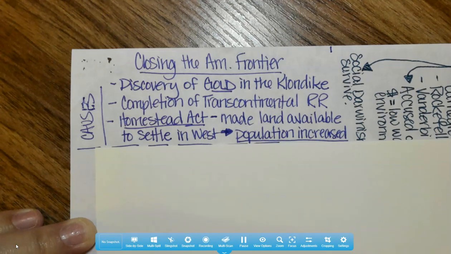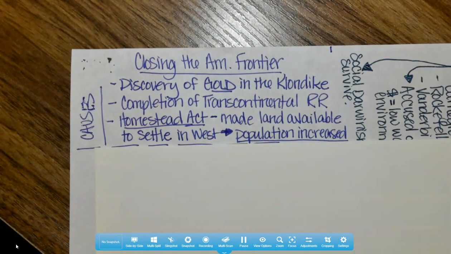So because of the discovery of gold in the Klondike, the completion of the Transcontinental Railroad, and the Homestead Act, the population out west increased. So these are the causes.